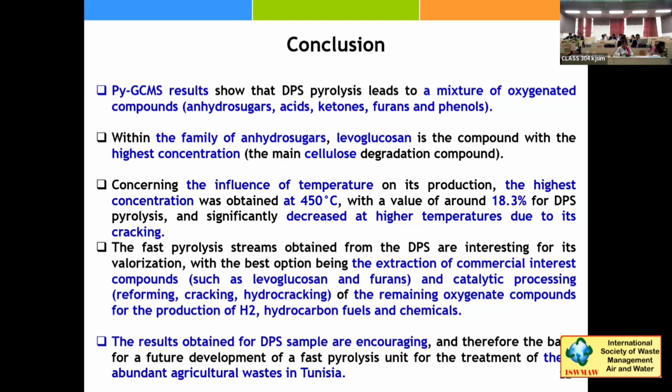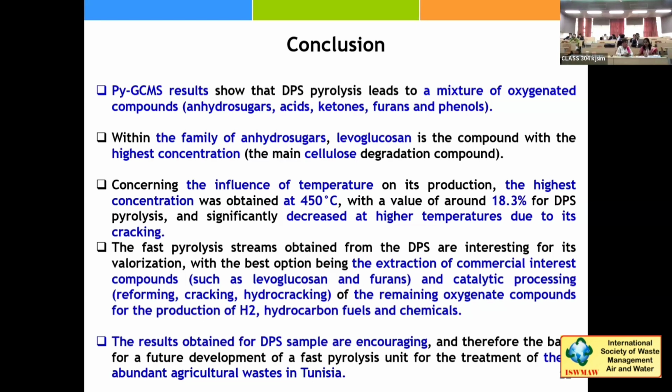The fast pyrolysis streams obtained from the date palm seed are interesting for its valorization, with the best option being the extraction of commercial interest compounds such as levoglucosan and furans, and catalytic processing, reforming, cracking, hydrocracking of the remaining oxygenate compounds for the production of dihydrogen, hydrocarbon fuels, and chemicals.